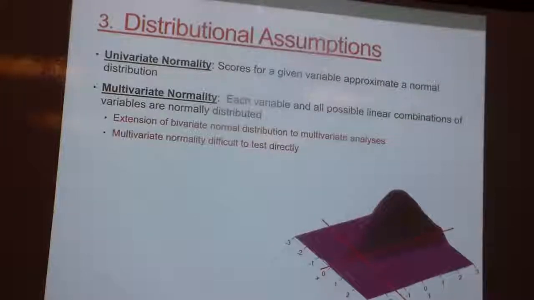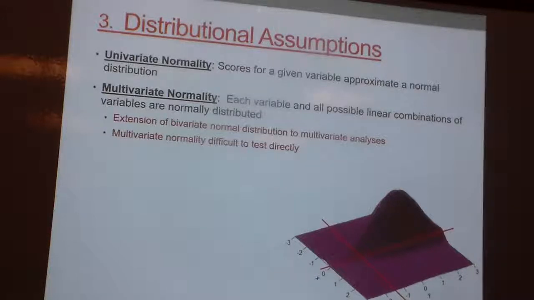The other thing we're going to think about, what we just talked about at the beginning of the class, is distributional assumptions. For multivariate analyses, in general, we're going to assume univariate normality of scores. We want our observed distributions for these correlational methods to approximate some reasonable distribution.